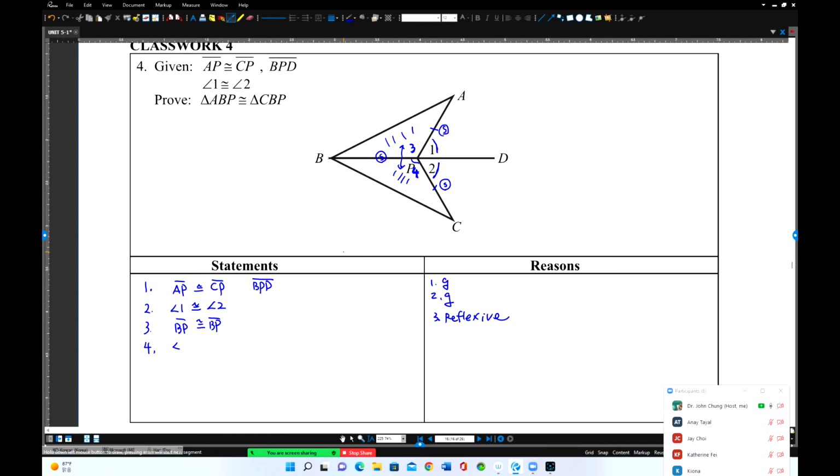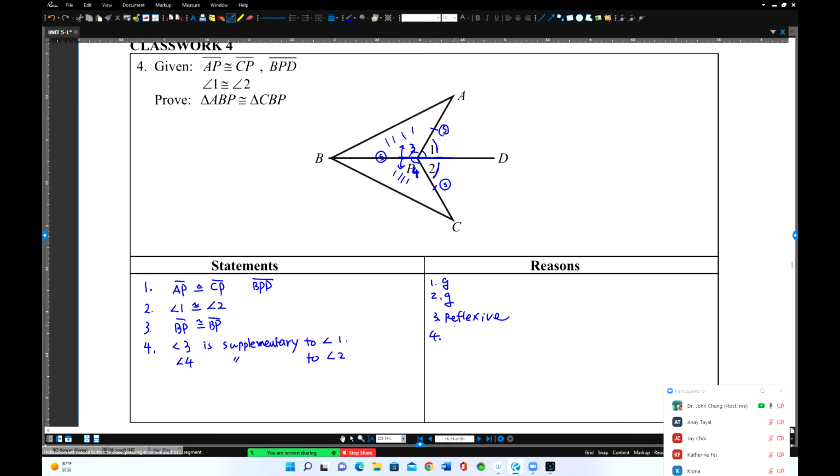Angle 1, angle 3, what is that? Supplementary, right? So write down: angle 3 is supplementary to angle 1. It's okay? Another one is angle 4 is also supplementary to angle 2. It's okay? Why are they supplementary? Because these two angles form the angles on a straight line, a linear pair, okay?